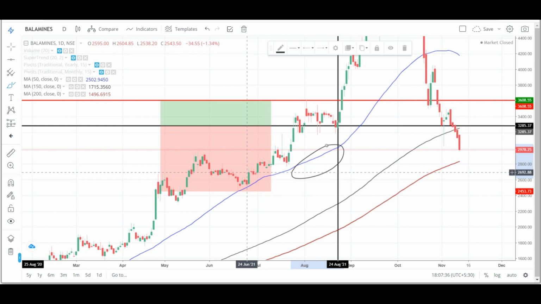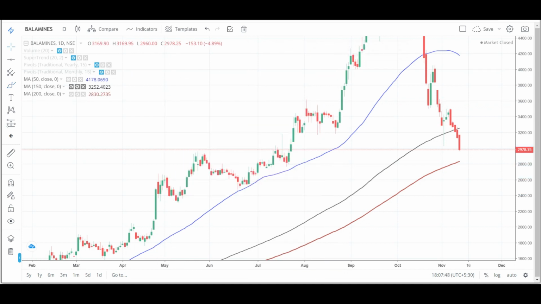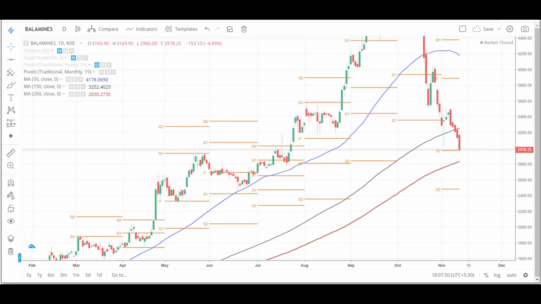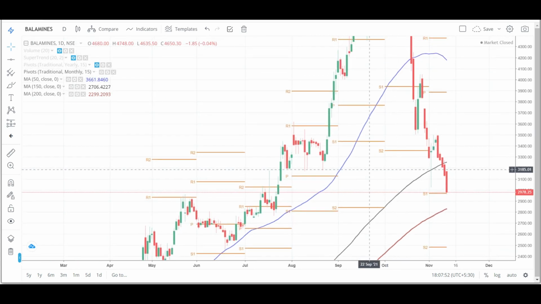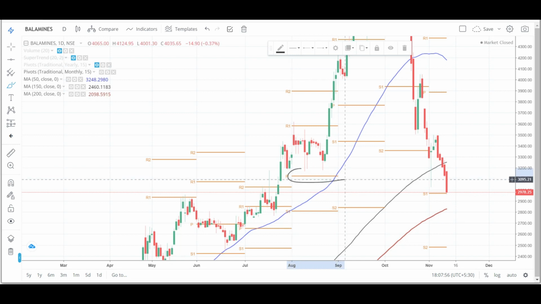Now coming back to the seventh criteria regarding relative strength. Instead of relative strength, I consider the monthly pivot. Let me show you. I take the trade if the stock price is above this central pivot.